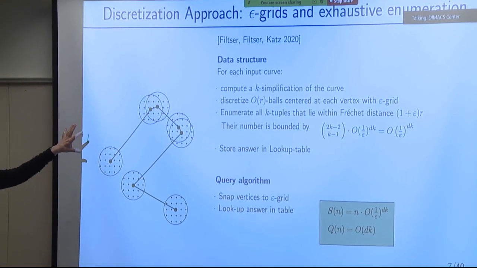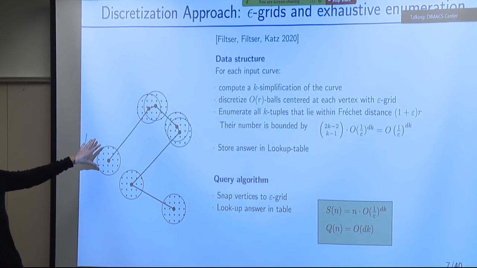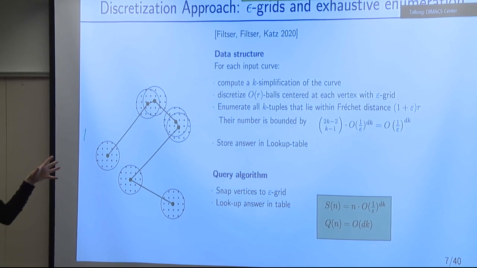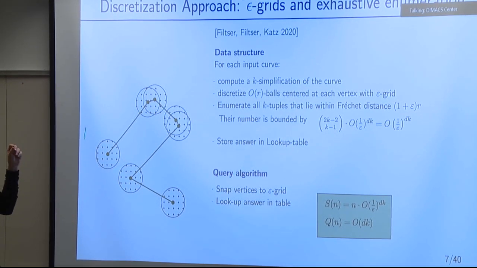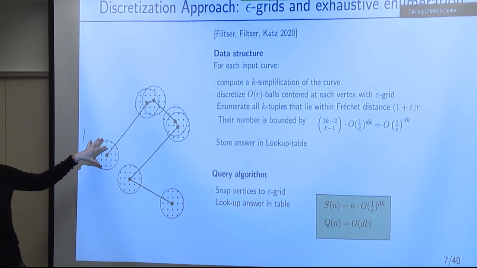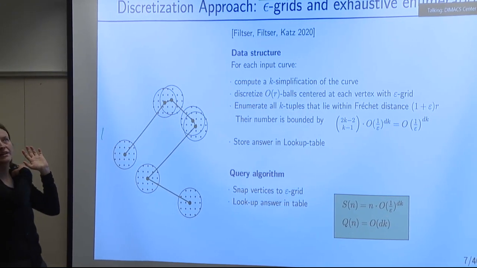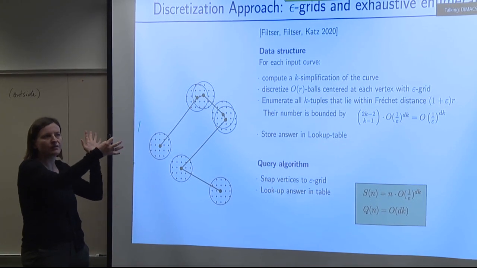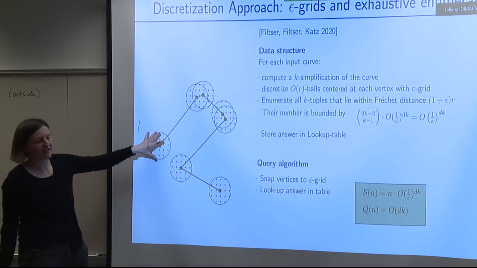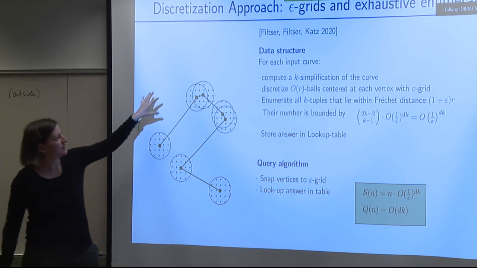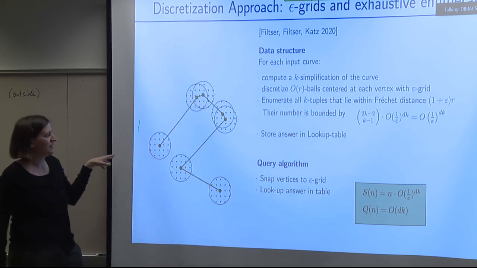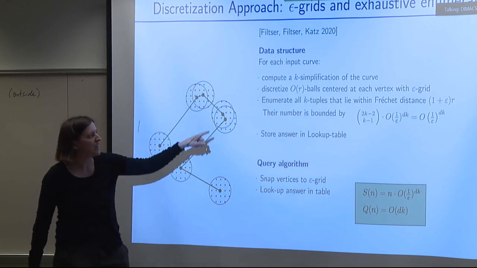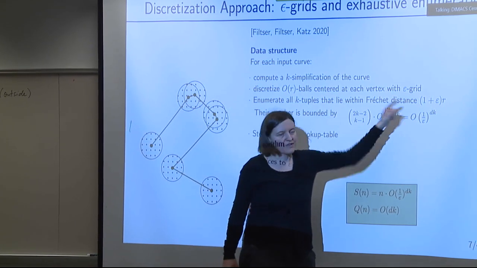Then we put Euclidean balls around the vertices of this k-simplification, and the radius will be some constant times r. Then you look at a canonical grid, which has grid length epsilon r, and you intersect it with these balls. So you get these points inside the balls, and now you generate all possible curves that use these vertices and have Fréchet distance at most 1 plus epsilon times r.